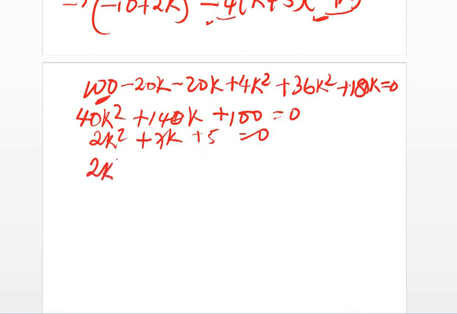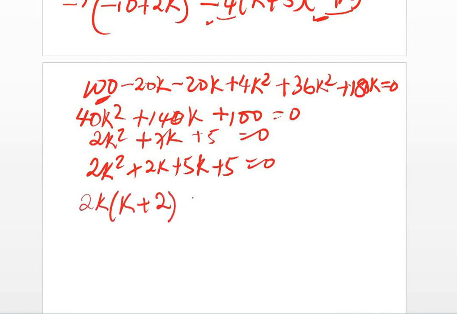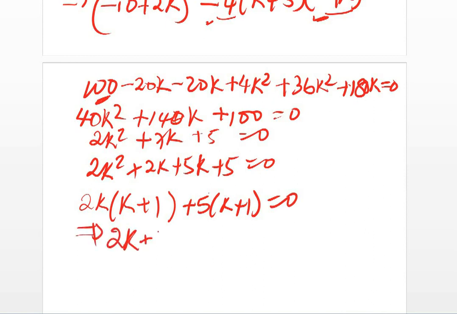So we have here 2k squared plus 2k plus 5k plus 5 equal to 0, which is 2k times (k plus 1) plus 5 times (k plus 1) equal to 0, which gives (2k plus 5) times (k plus 1) equal to 0.